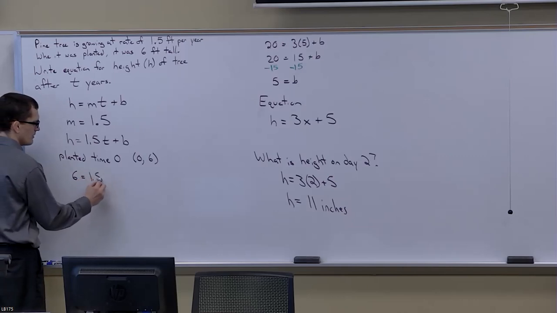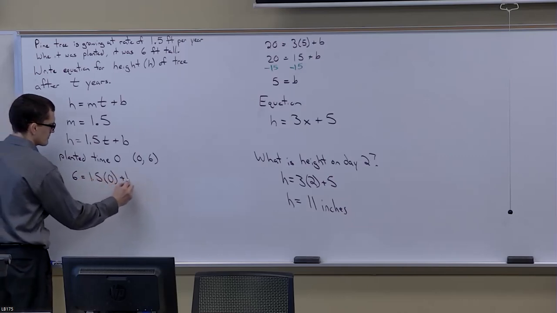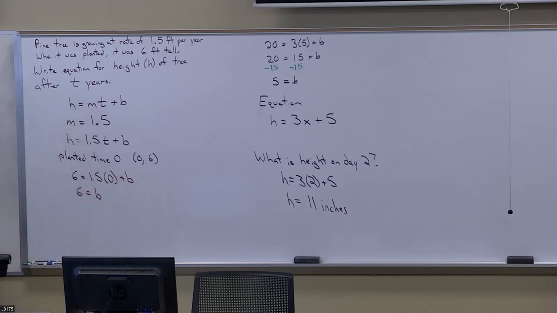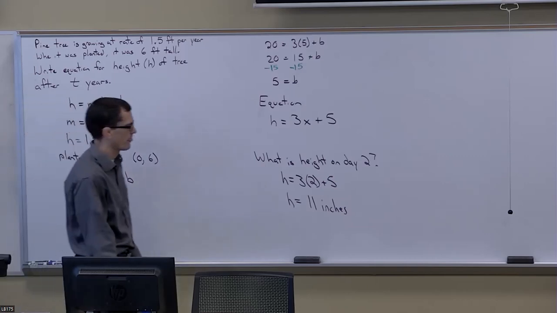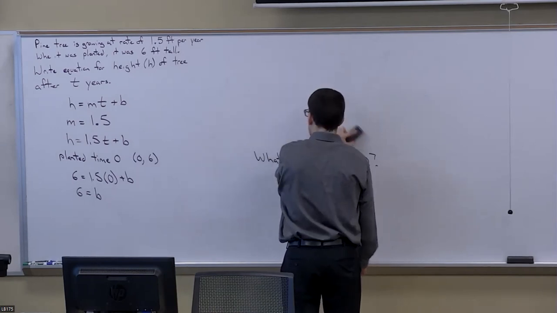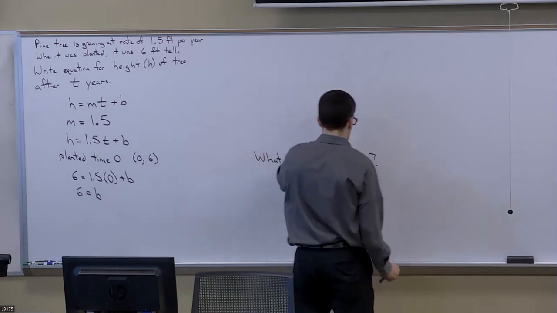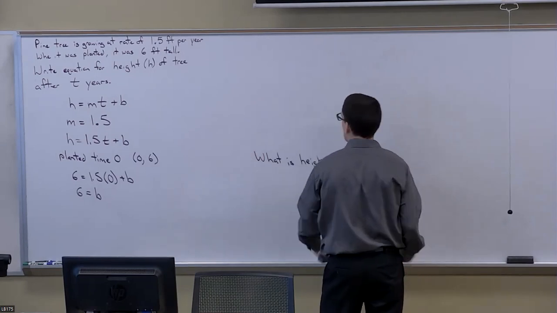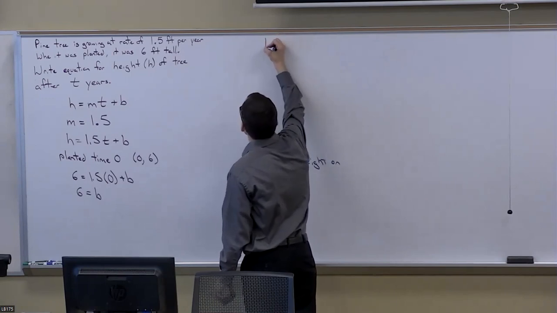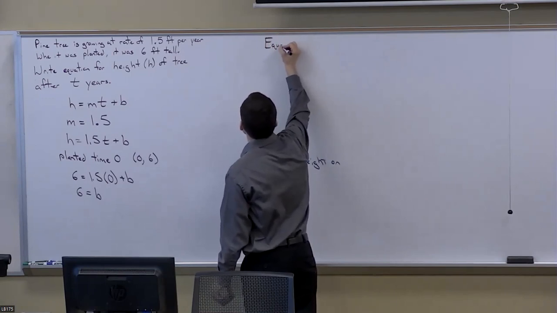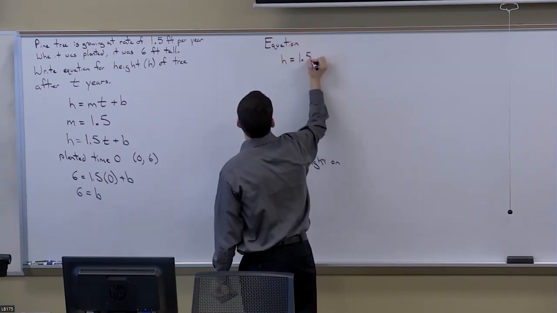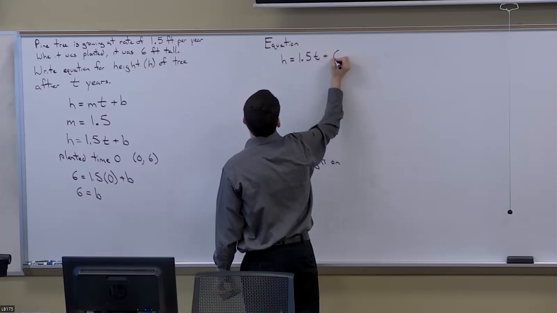But we'll go through it all. You end up with a b of 6. So we get the equation h equals 1.5 t plus 6.